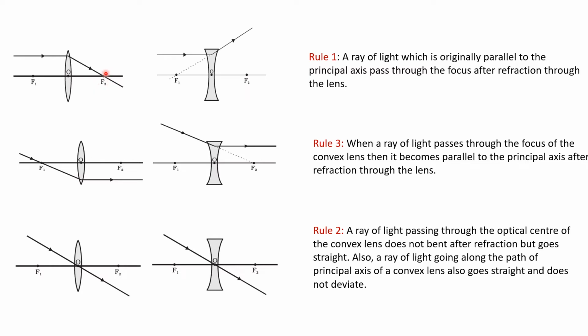In the case of a concave lens, a ray of light which is originally parallel to the principal axis will appear to be coming from the principal focus. See, it appears that it is coming from the principal focus. So these are the two cases for convex and concave lenses. This is rule number 1.